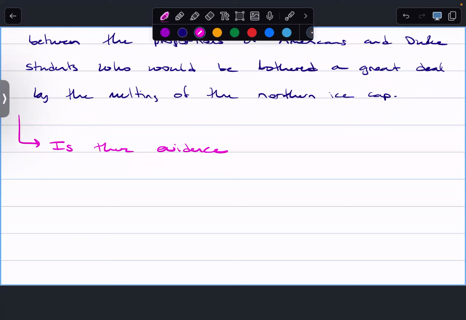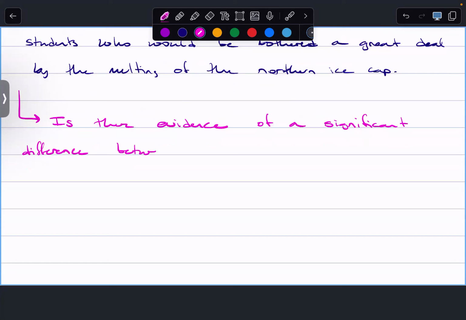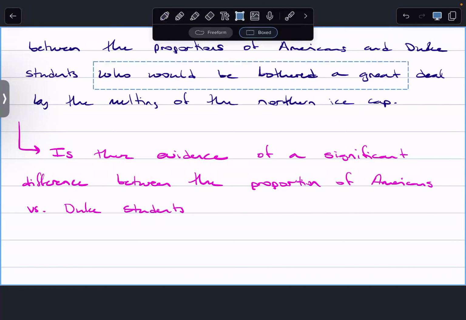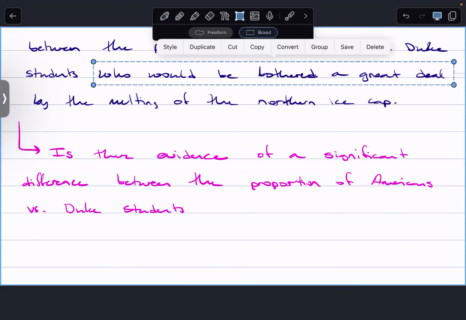So is there evidence of a significant difference between the proportion of Americans versus Duke students and copy?